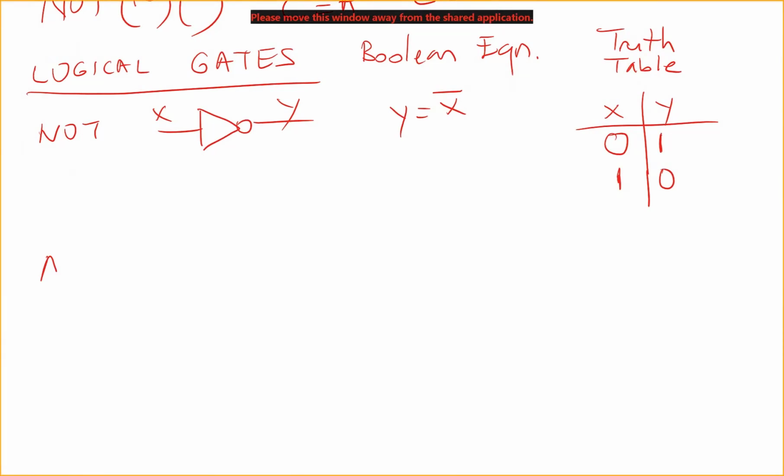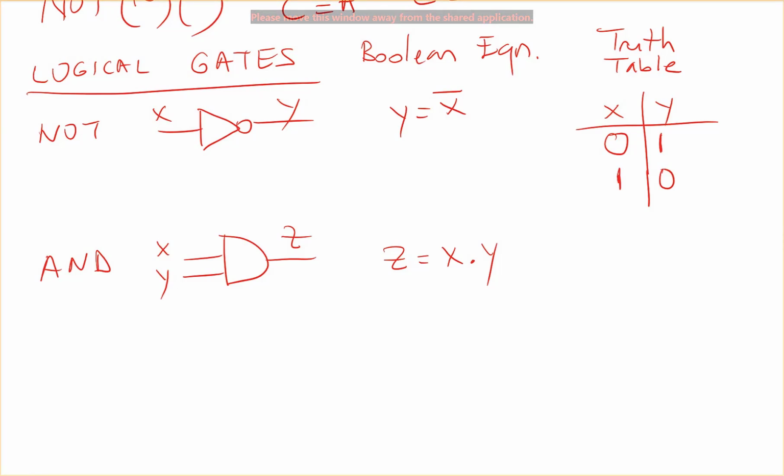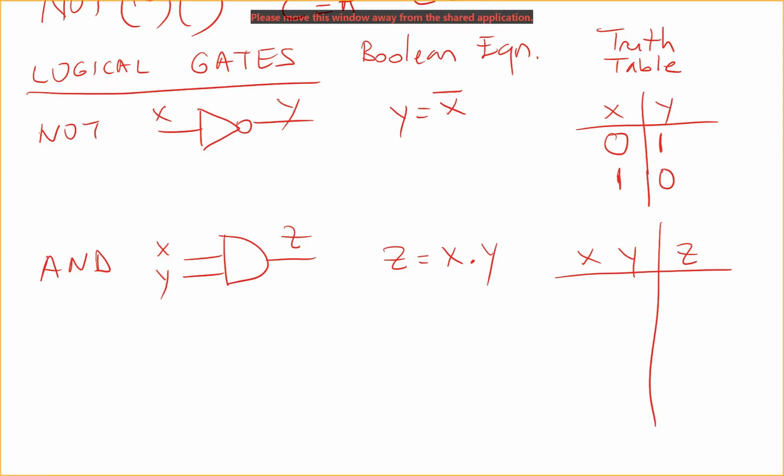Similarly, we will have this AND gate. This is a 2 input AND gate. Let's say X and Y are my inputs and Z is my output. The Boolean equation is Z is equal to X and Y, and the truth table. I need to first write my inputs X and Y, and I will write my output here. Now I need to list all possible input combinations.